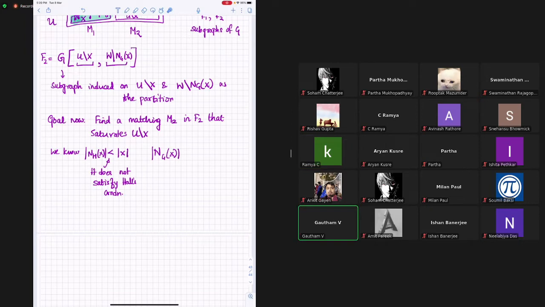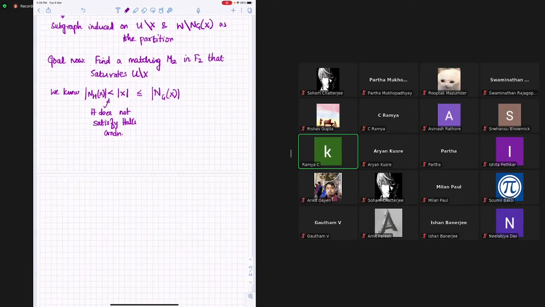Like Milan said, they have to be equal. Well, at least you can say that it should be less than or equal. That much. But how did we go from H to G? I'm just trying to formalize what Milan is saying. How did the number of neighbors change from G to H?